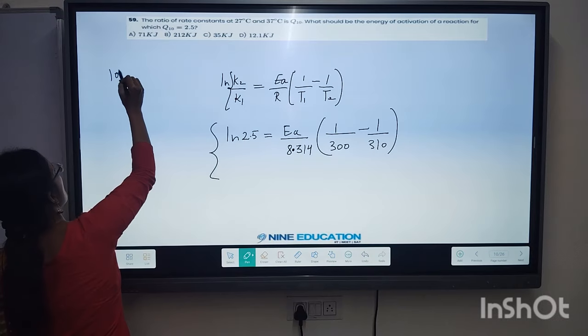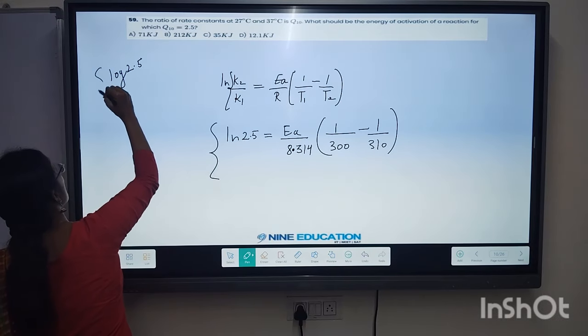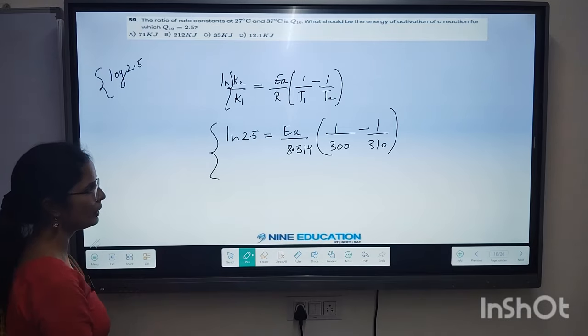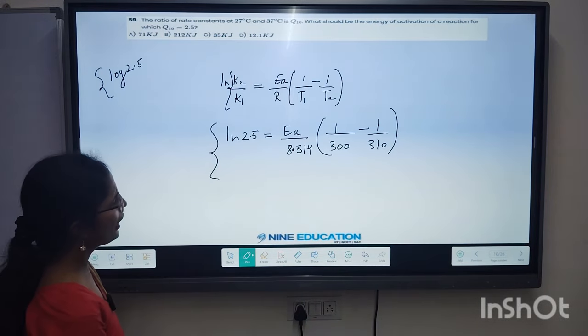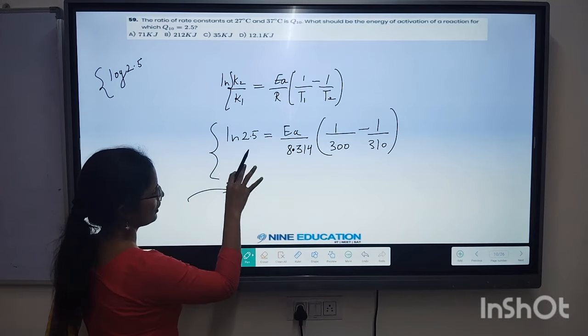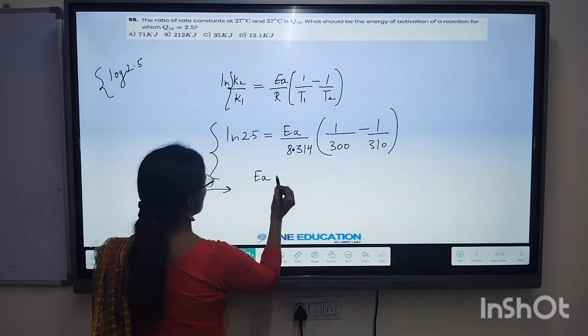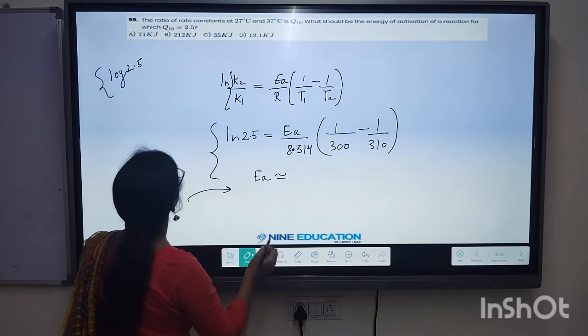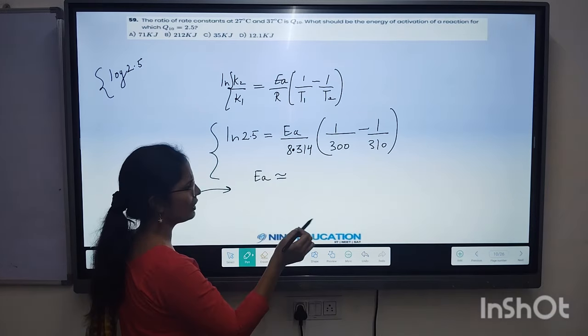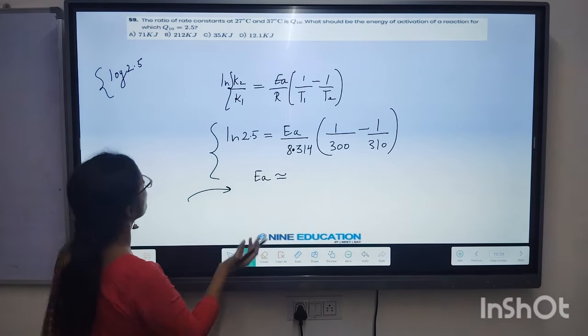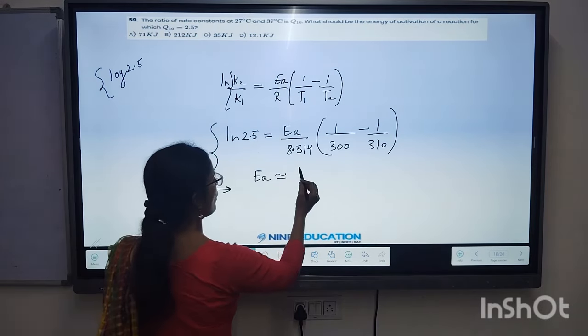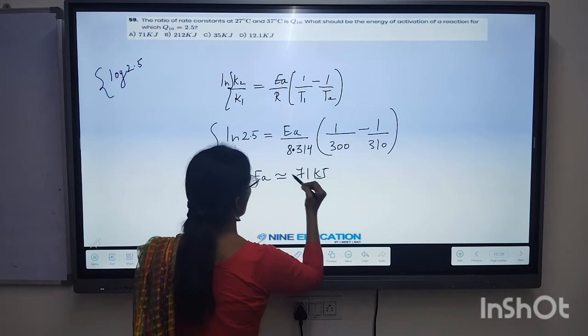In order to solve this equation you will be requiring a log 2.5 value, which again we will be providing you. Okay, and when you solve this complete calculation, it will take some time, but the EA value you will see will be coming around 71 kilojoule, like 70.8 something. So the correct option will be 71 kilojoule.